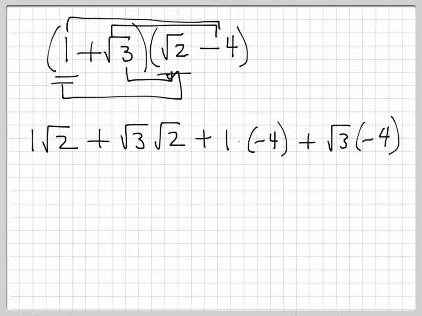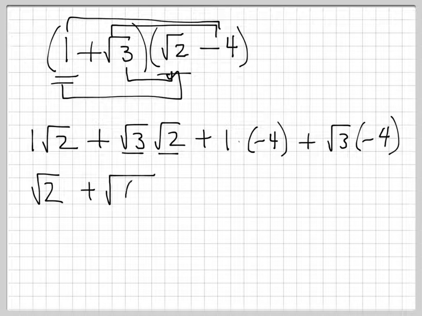Now, we have to sort of go step by step and reduce all these to things that we can work with. 1 radical 2 is just radical 2. Radical 3 radical 2 becomes radical 6 because 3 times 2 is 6. 1 times negative 4 is just minus 4.